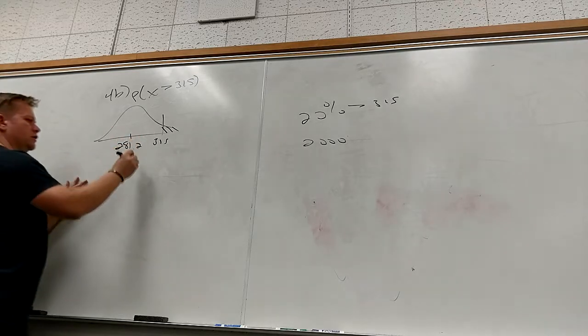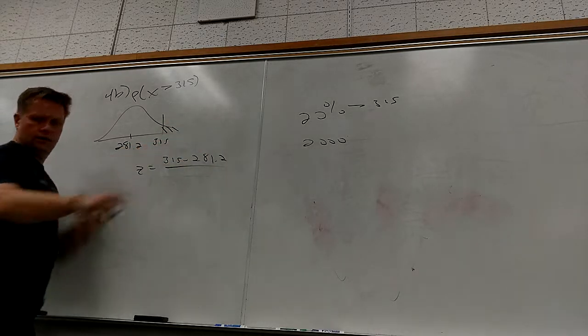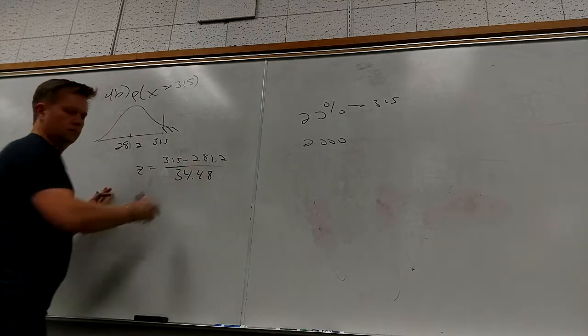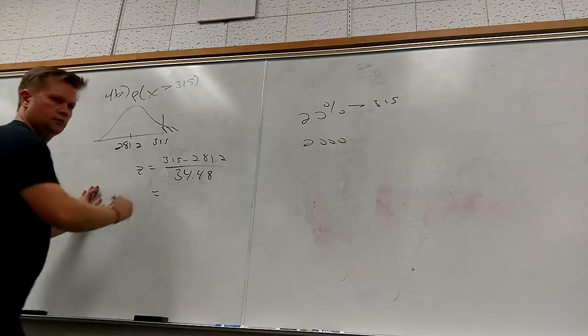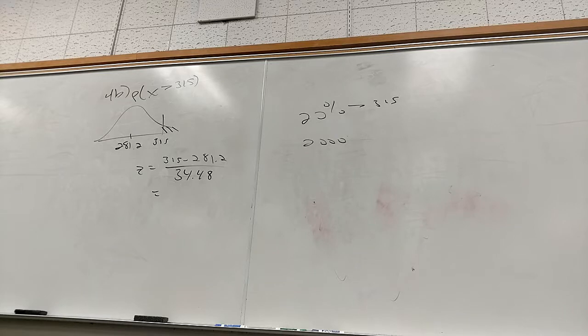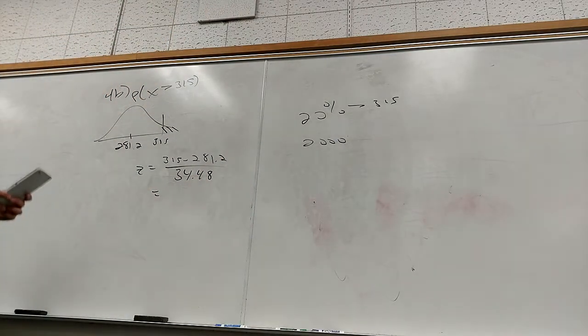Let's do this together. So the z-score would be 315 minus 281.2 divided by 34.48. Right? Is that cool? Yes. And so if we do that, there it is. We should get 0.98.